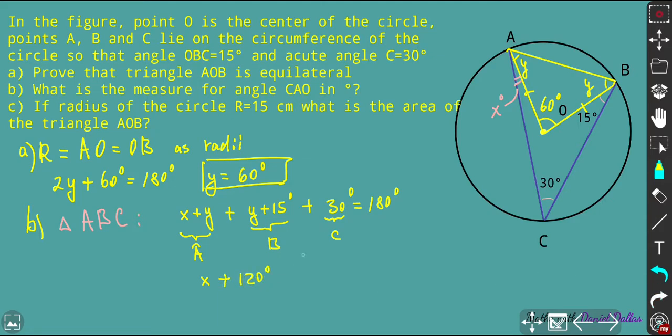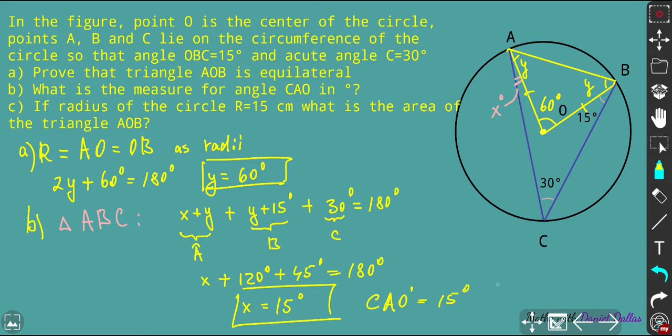On top of that, we need to add 15 and 30, so that means 45, and that will make 180. So if we subtract, we'll get 60, and 60 minus 45 gives us 15 degrees. So we've got angle X as 15 degrees, and we've worked out angle CAO. CAO hence will be equal to 15 degrees.